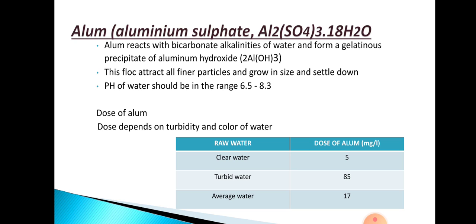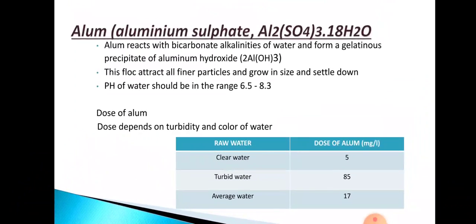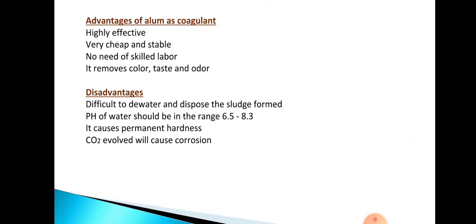The table below shows the dose of alum to be added for different types of water. If the water is clear water, normally 5 milligrams per liter of alum is required, for turbid water 85 milligrams per liter, and for average water we normally add 17 milligrams per liter of alum. So this is the dosage of alum used for treating water.